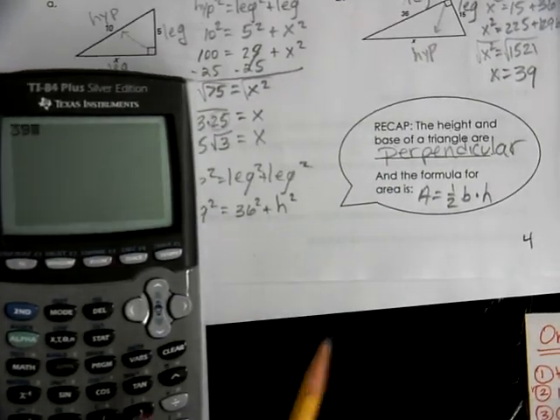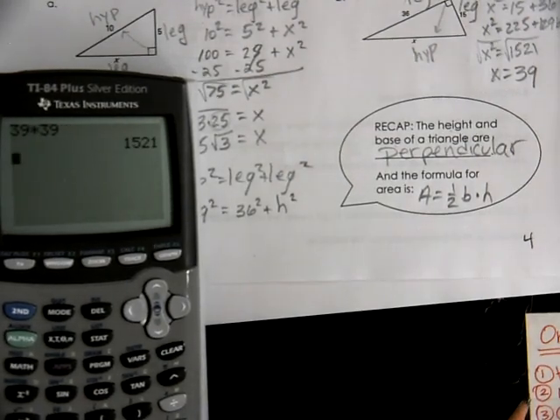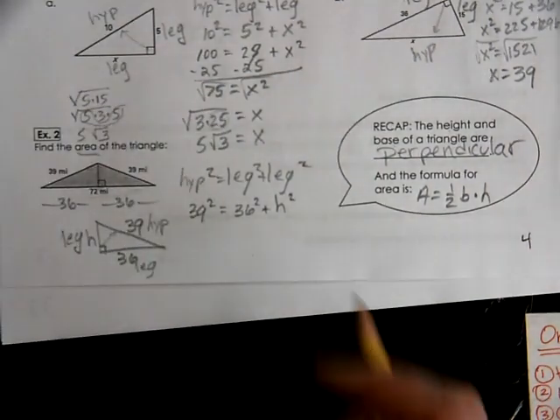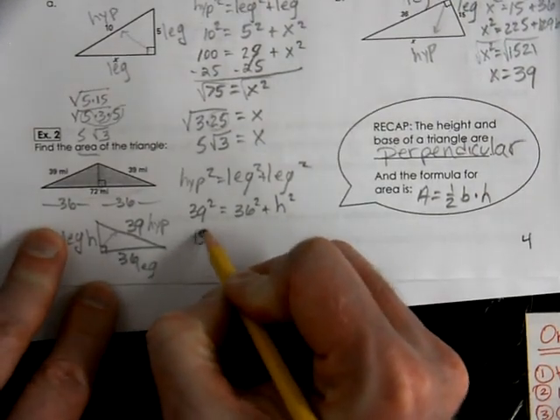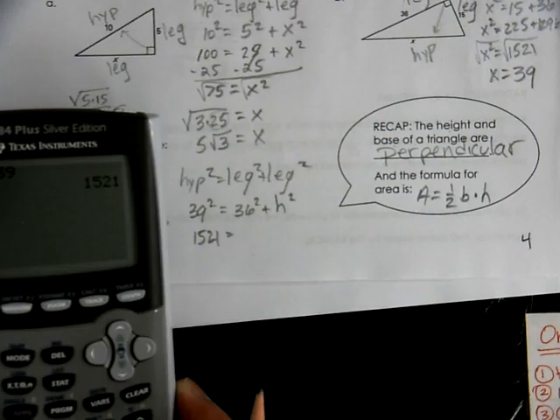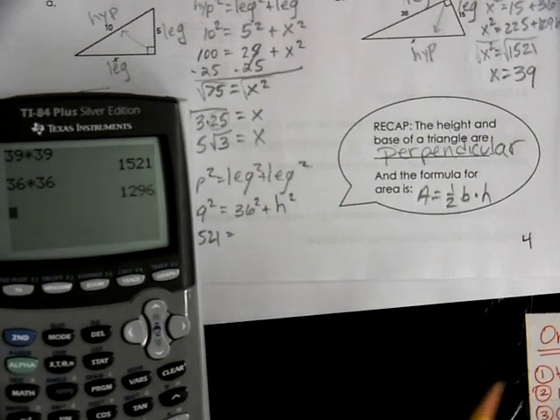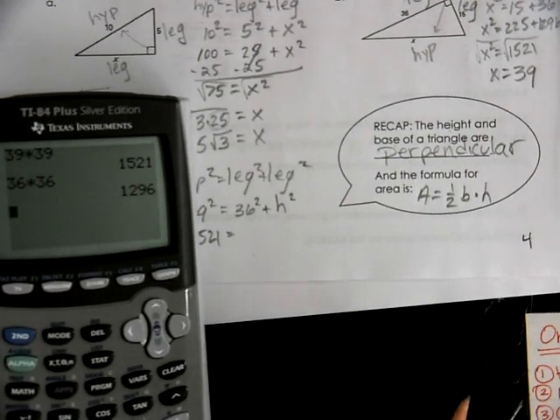So 39 squared is 1521. 36 times 36 was 1296.